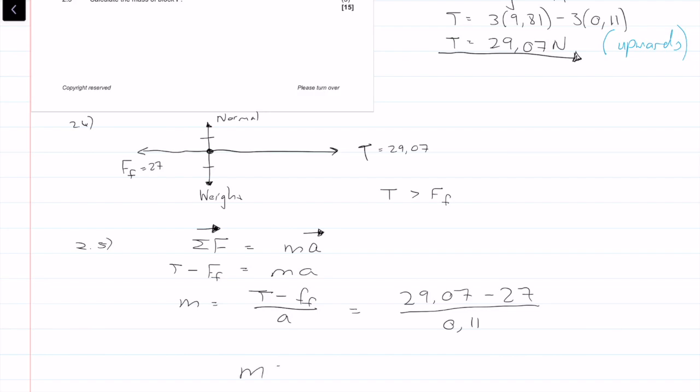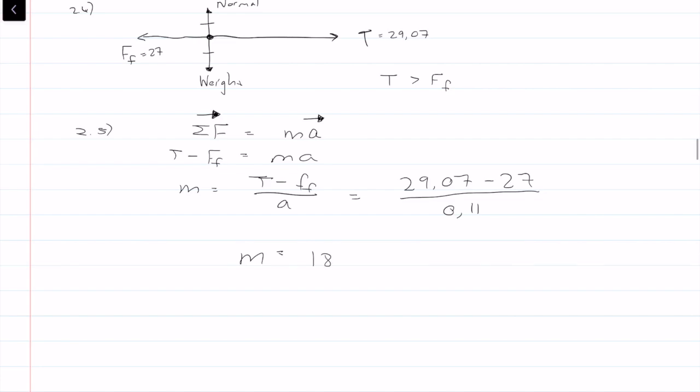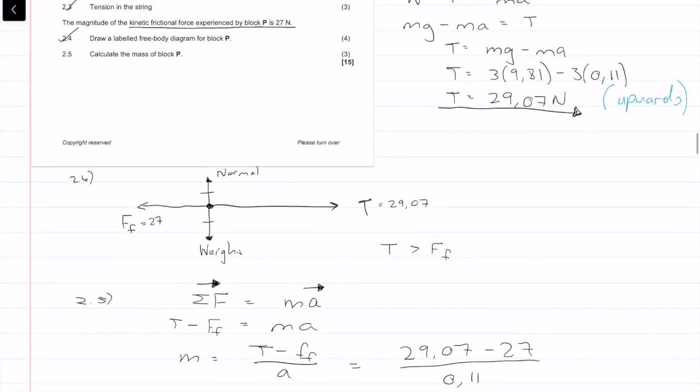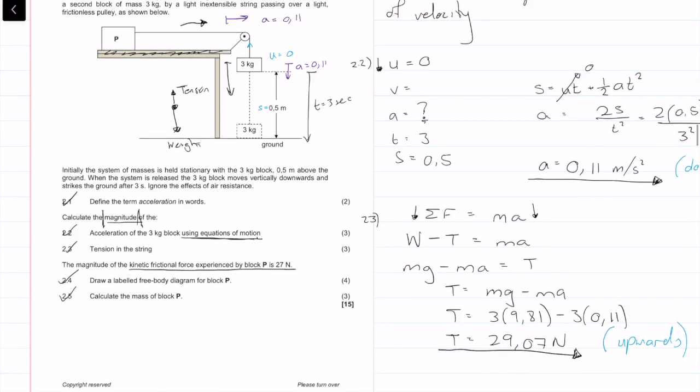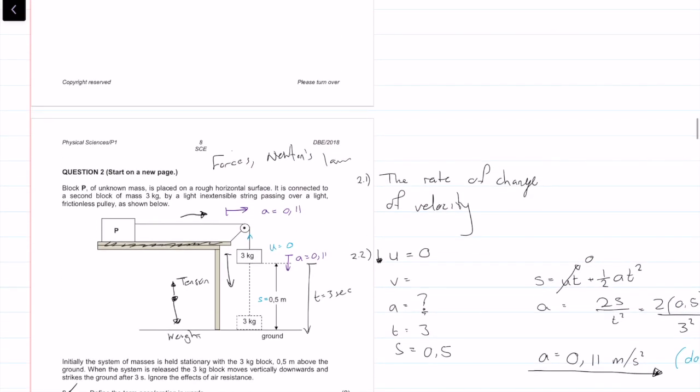So we can solve for my mass, and let's plug this into my calculator, and we get a value of 18.82 kilograms. And that is the final answer. Okay, and with that we get ourselves 3 marks, and we total 15 marks for that question.